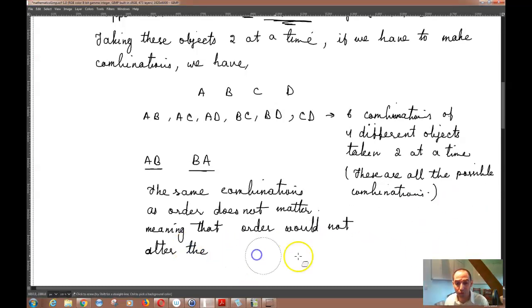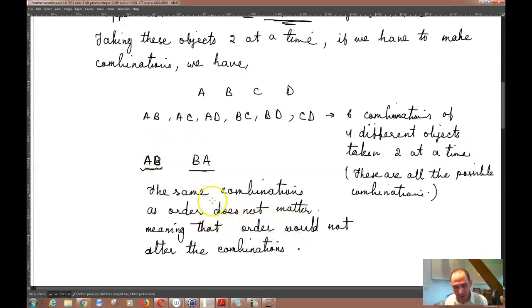So A and B, basically this is a combination of objects A and B. And BA, this is again a combination of the objects B and A, or you could say a combination of the objects A and B. And of course, I know that the order is different between these two pairs.